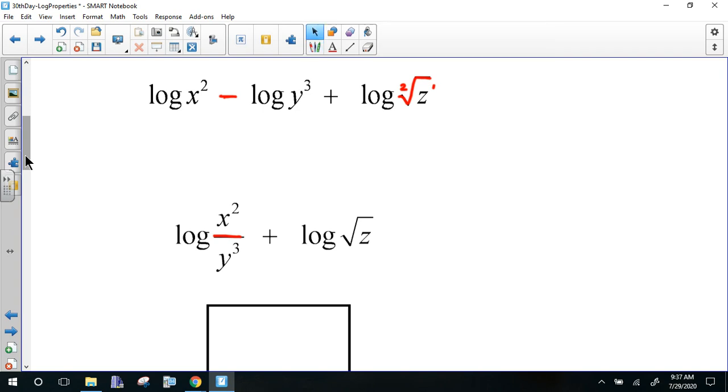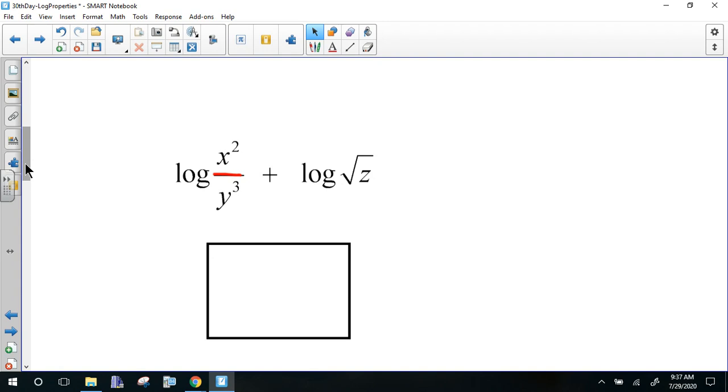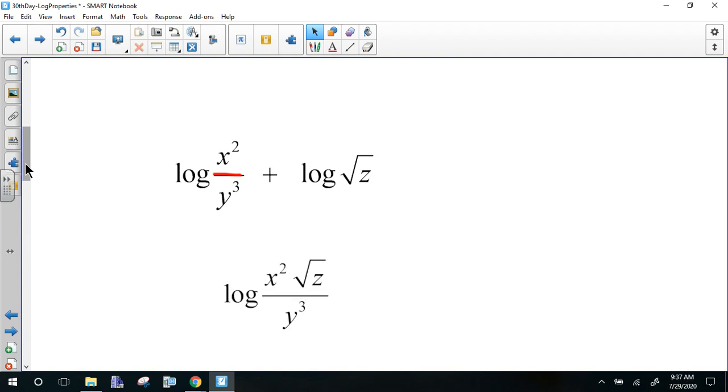I'll take care of the addition by doing a multiplication. Notice that it stays on top with the x squared. So the addition becomes a multiplication.